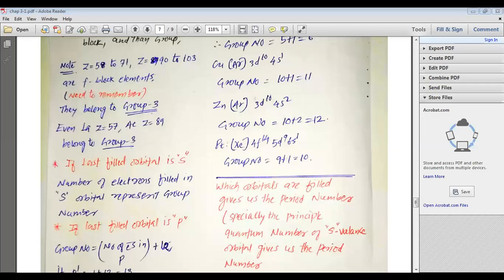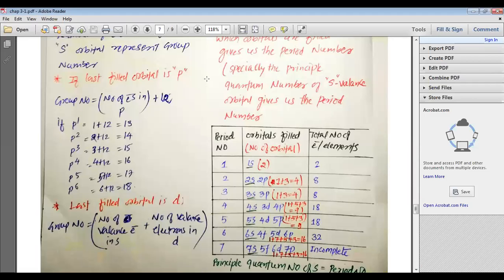As far as group is concerned, my dear students, if the last filled orbital is s, then the number of electrons present in the s orbital represents its group number. If the last filled orbital is p, then the group number would be the number of electrons in p plus 12.